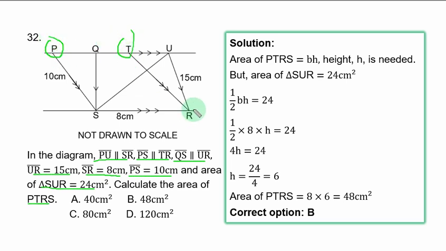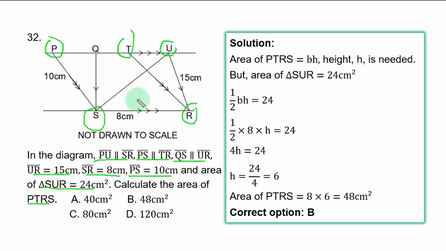PTRS, and the area of a parallelogram is the base times height. The height is needed before the area can be obtained. That is why the area of triangle SUR is given to you, to enable you find the height.